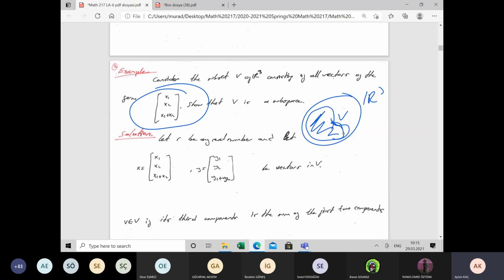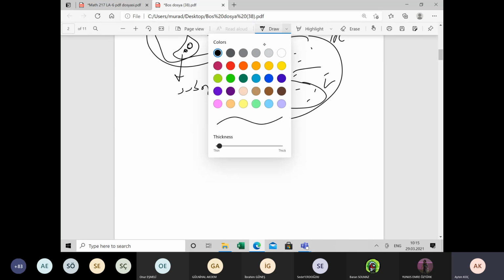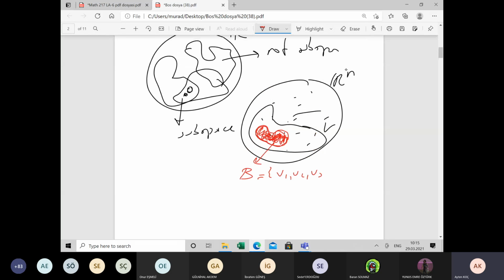In the next lecture, we choose a set, but finite. For example, it contains only 3 vectors, and we call this set B. If this B is a basis, for example it contains 3 vectors v1, v2, v3 in R cube.